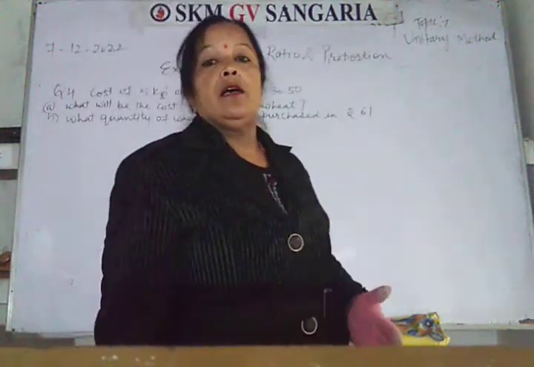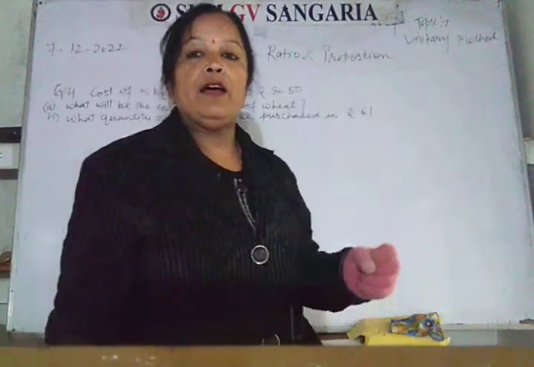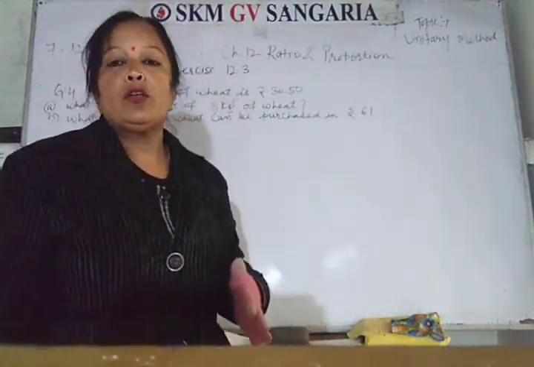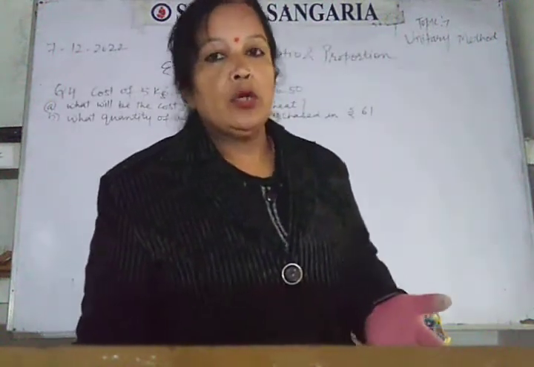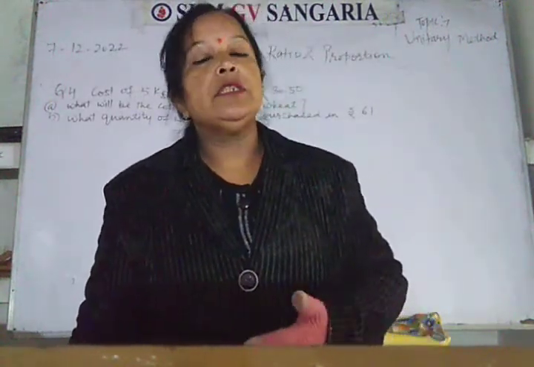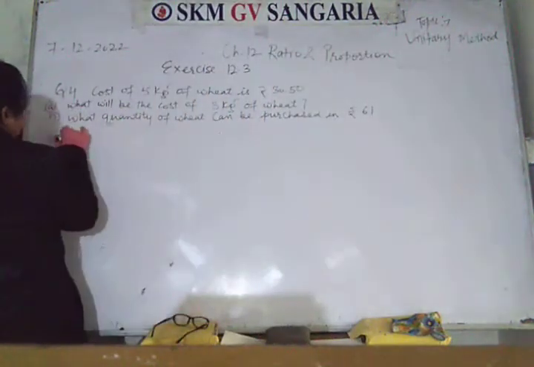Like that, we find the cost of 8 liters of milk. First of all, after finding the cost of 1 liter of milk, we will find the cost of the required quantity.